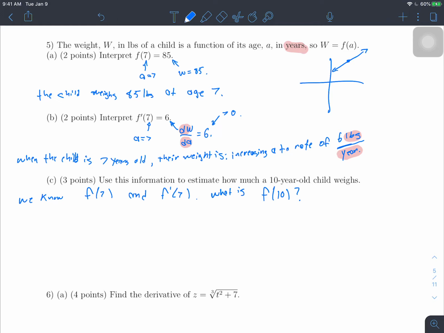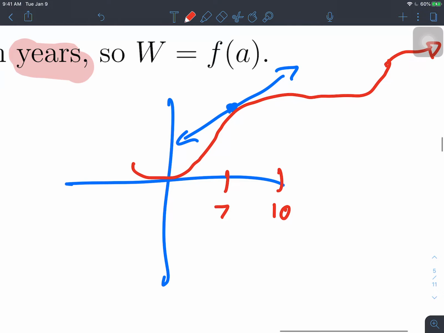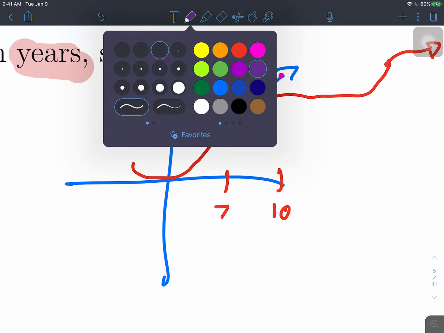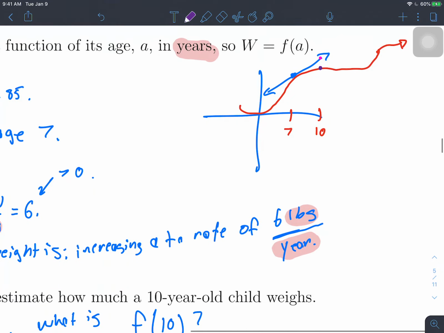We have no clue what the actual function looks like. It could be very crazy. But what we do know is that the value 10 is not too far away from the value 7. So what we can do is just estimate the purple value by the pink value. So that's what we're going to do.